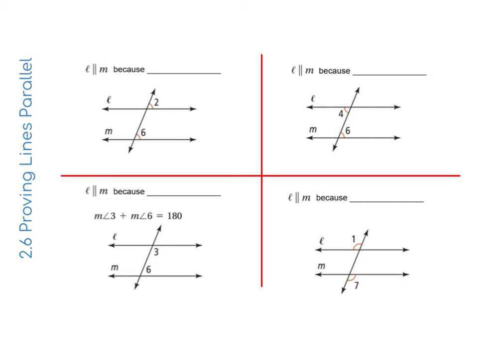So, for example, in this first one, if I'm looking at 2 and 6, I see that they have congruent marks, and those are corresponding angles. So I can say that L is parallel to M because corresponding angles are congruent.